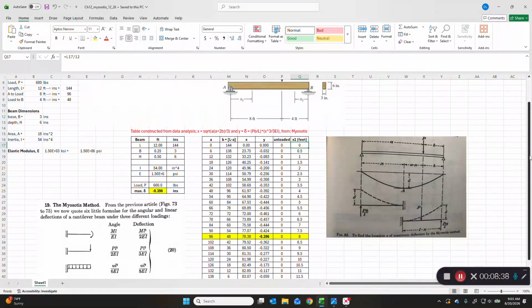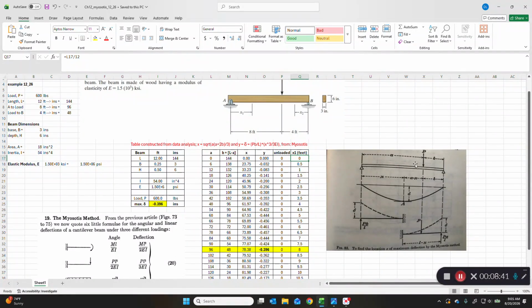All right, and so you can see the graphic here for the Myosotis method as posited by Den Hartog, that you have a movable load P along the length L. And then everything to the left of P is going to be called lowercase a, and everything to the right is going to be called lowercase b. If P is in the middle, then a is equal to b. If P is off to the right support, then a is equal to the length, and there is no b, 0. If P is on the left side, then it's all b and no a.